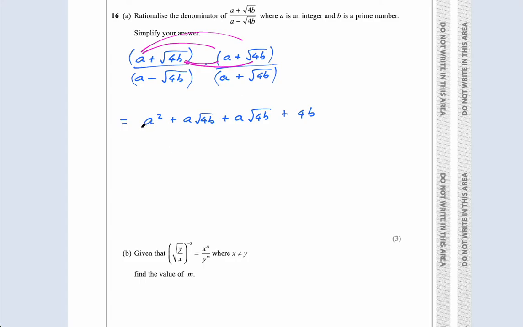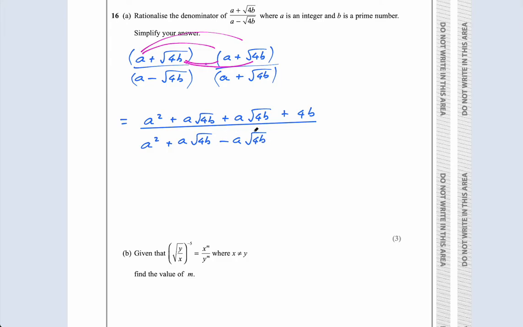Okay, that's the numerator. The denominator is then a times a is a squared. A times root 4b is plus a root 4b, and this is the key. Minus root 4b times a is minus a root 4b.